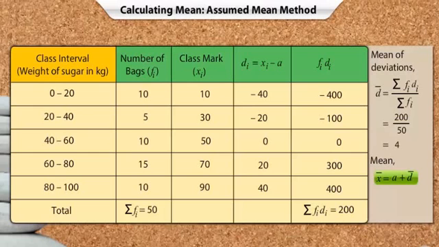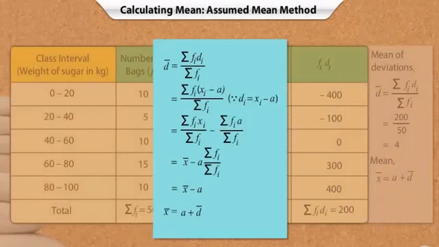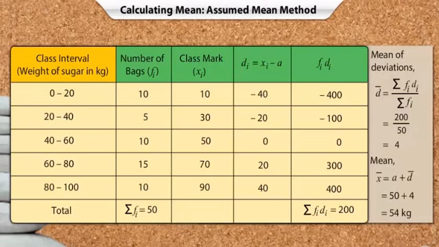Click on the formula to see how this formula is derived. Substituting the values for assumed mean and mean of deviations, we get the required mean, which is equal to 54.